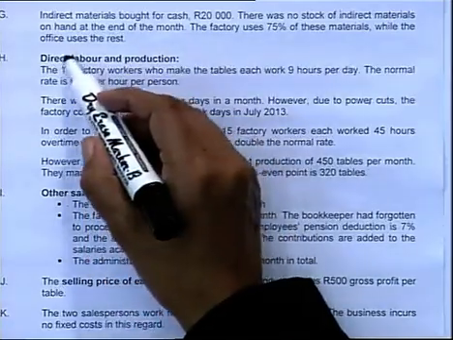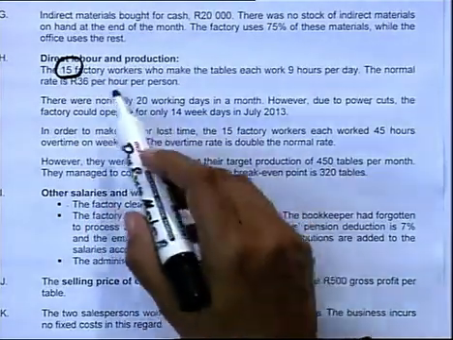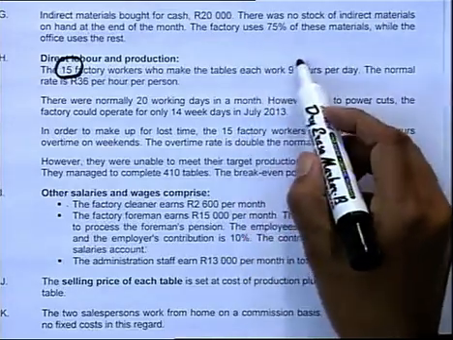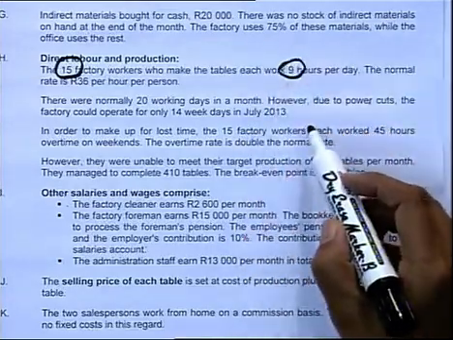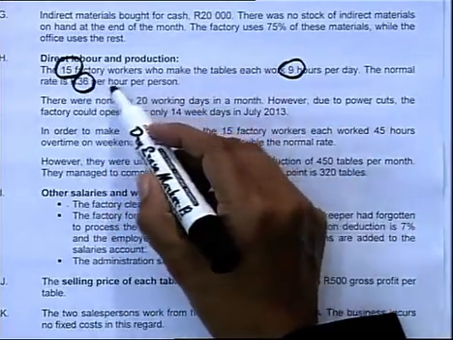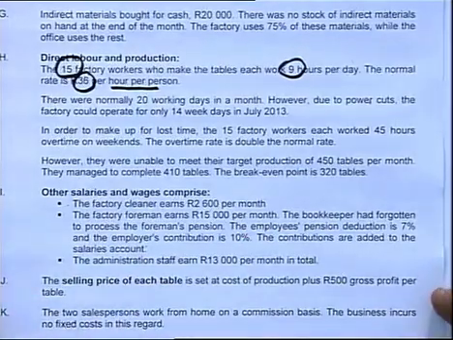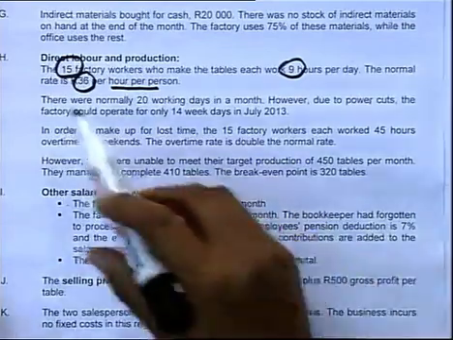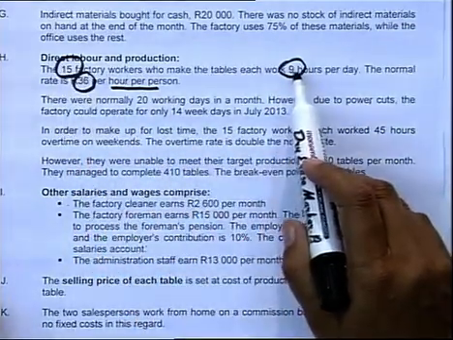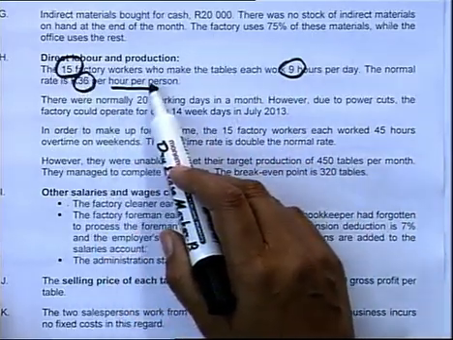Okay, so now we know that there are 15 people working in this factory, and they make the tables, and they work for 9 hours a day, and they each earn 36 Rand per hour. It's important. What I often find is people don't read these questions properly, so they make mistakes. So now we've got 15 people working 9 hours a day and each earning 36 Rand per hour.